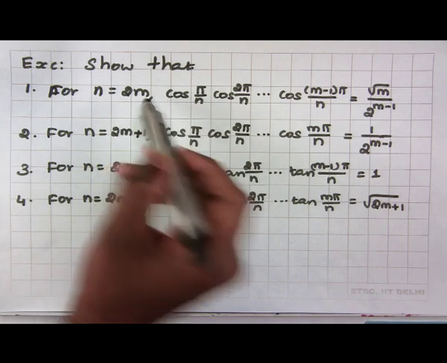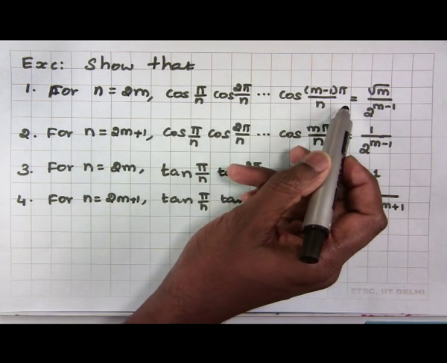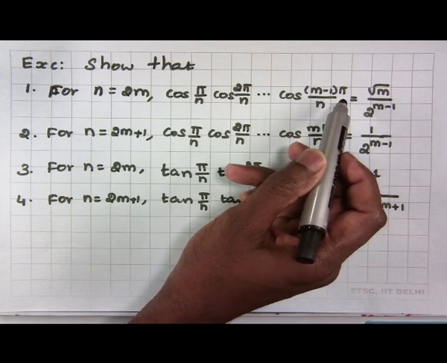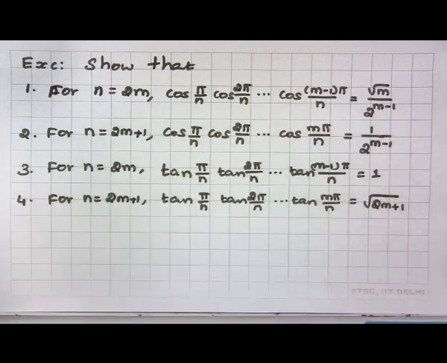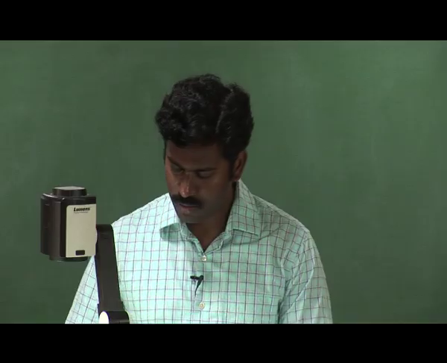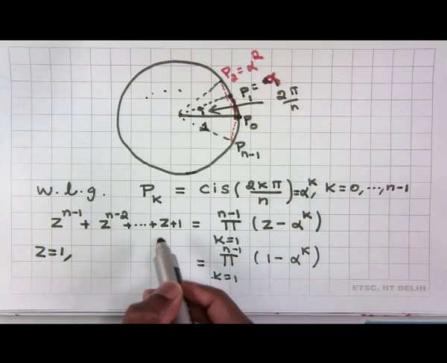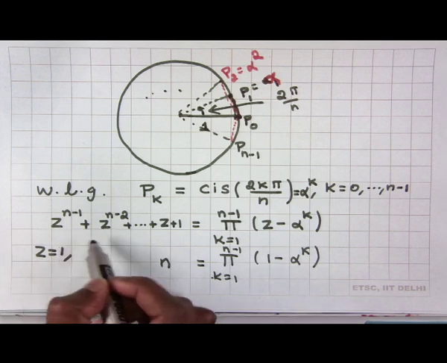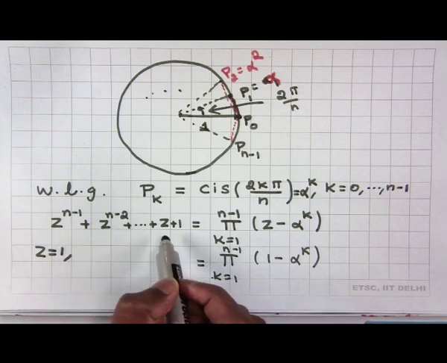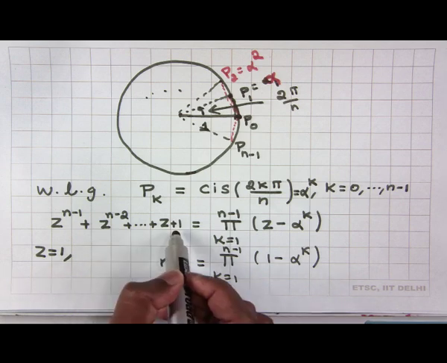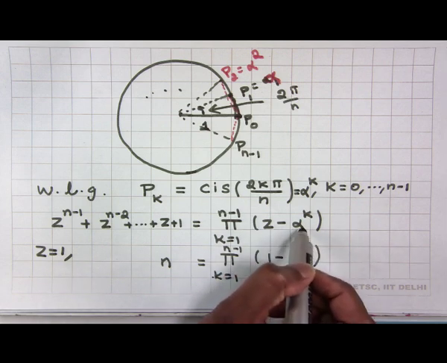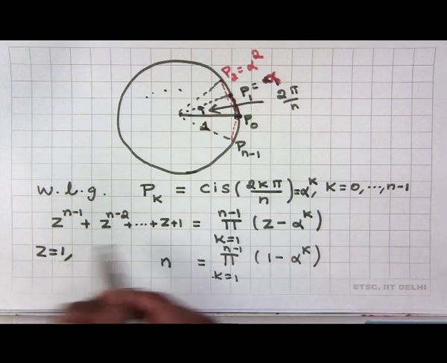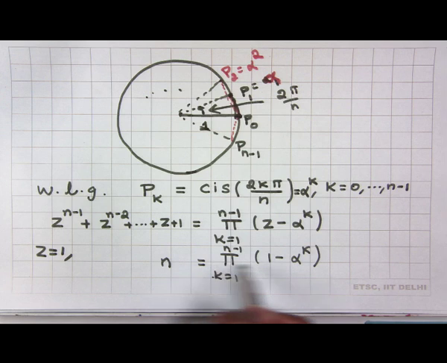So, how do we prove this identity? If I recall, when we proved the identity involving the sine term, we used the polynomial z to the power n minus 1 plus so on till plus 1, which is factorized using the nth roots of unity, and we considered the value of z as 1, and then we got this expression.